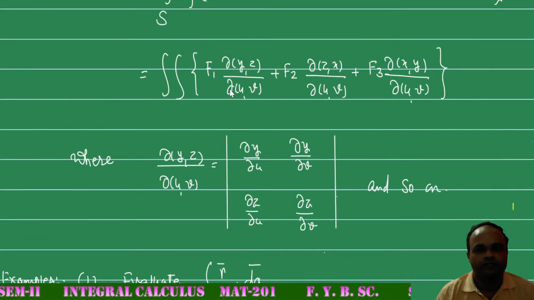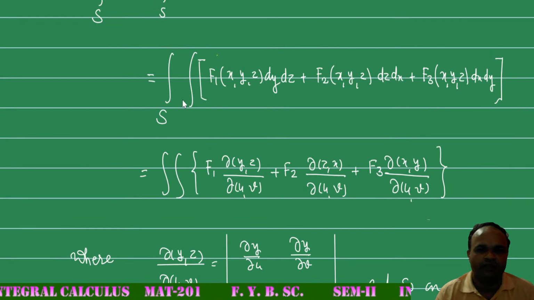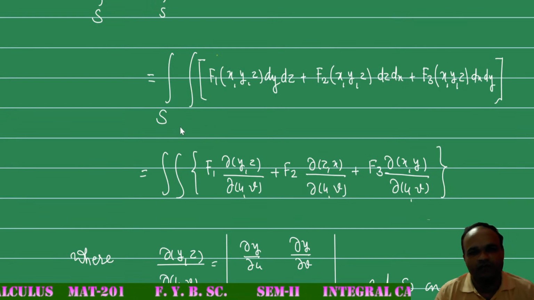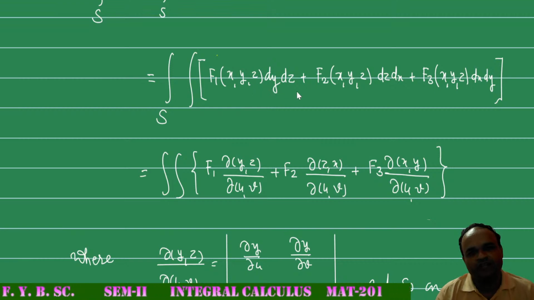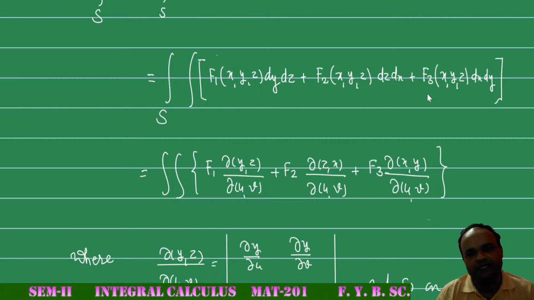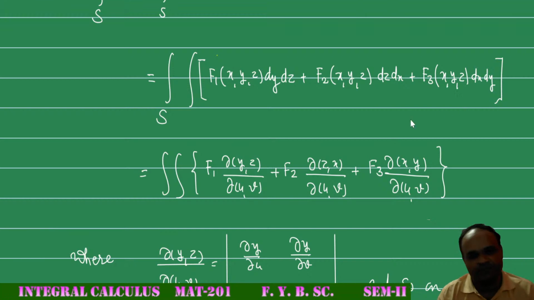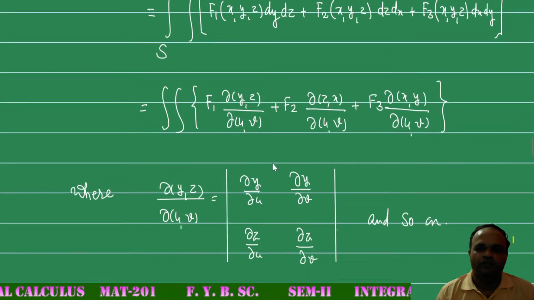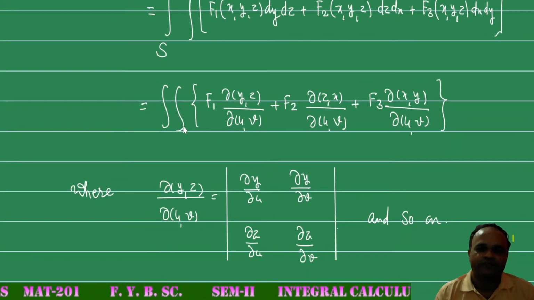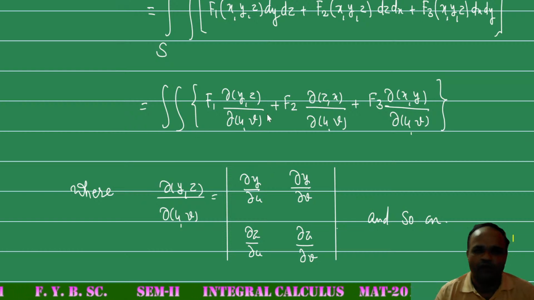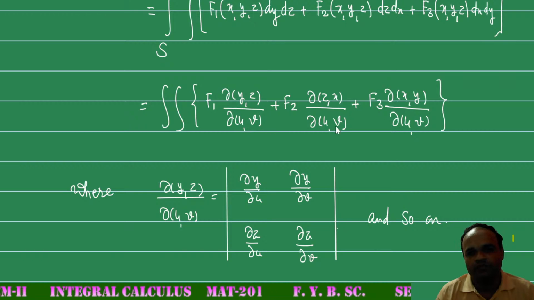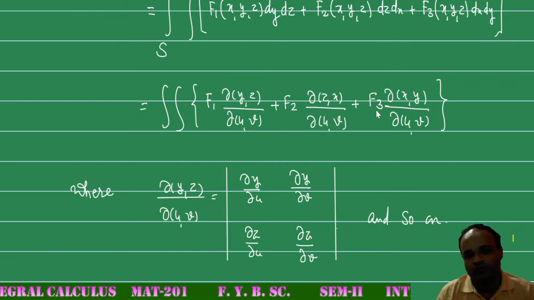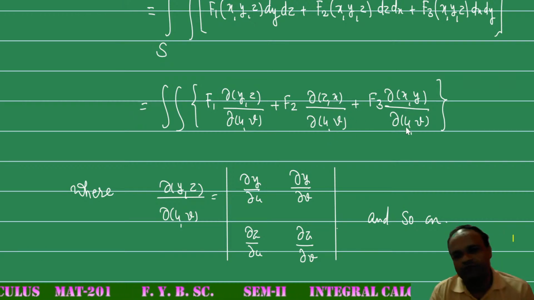So it is a double integral over surface S of f1(x,y,z) dy dz plus f2(x,y,z) dz dx plus f3(x,y,z) dx dy. Again, you can write it as a double integral of f1 ∂(y,z)/∂(u,v) plus f2 ∂(z,x)/∂(u,v) plus f3 ∂(x,y)/∂(u,v).